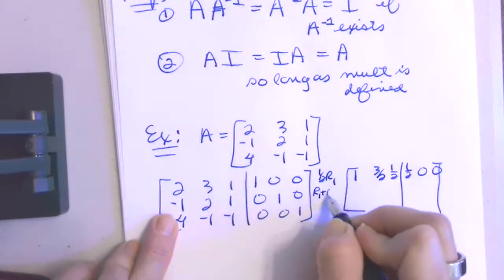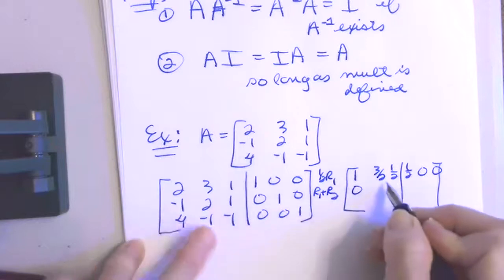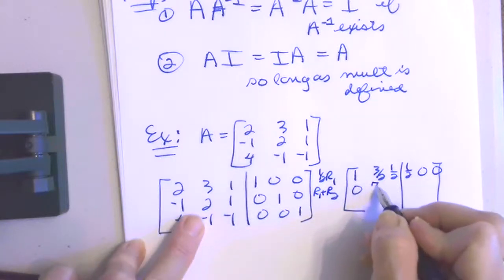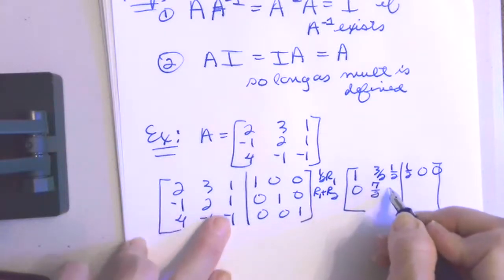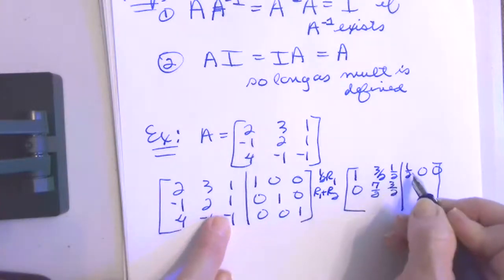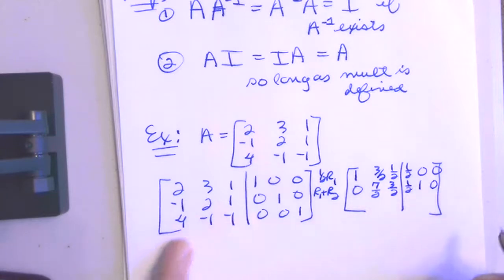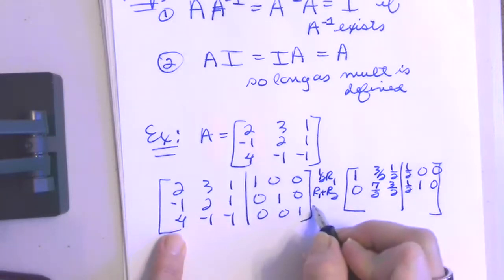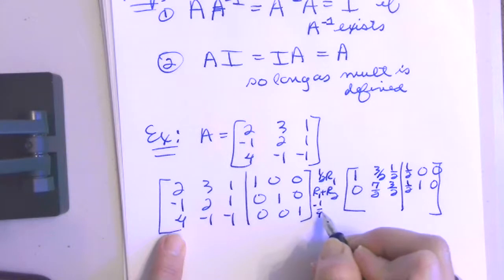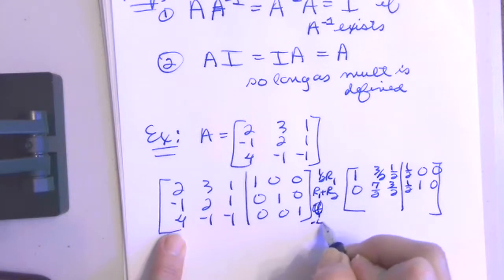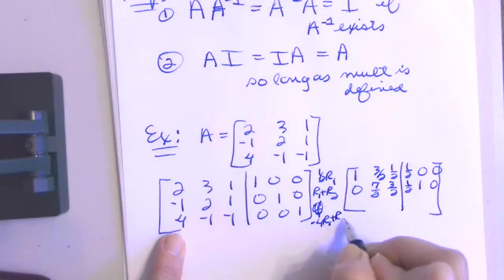So it'll be row 1 plus row 2. That'll give me a 0. 4/2 and 3/2 is 7/2. 1/2 and 1 is 3/2. 1/2 and 0 is a half. 0 and 1 is 1, and 0 and 0 is 0. And now I want to do -4 row 1 and add it to row 3.